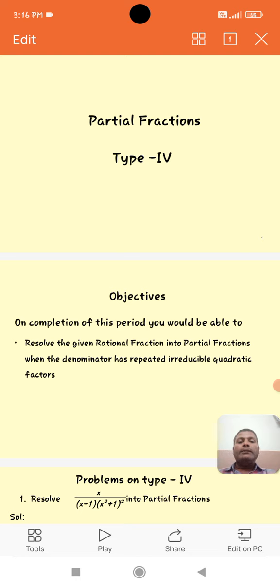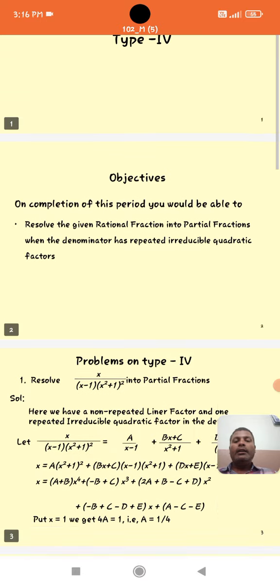Today's class we discuss partial fractions type 3. That means the last method. The last method means repeated irreducible quadratic factors. Here we discuss problems on irreducible quadratic factors whenever repeated.